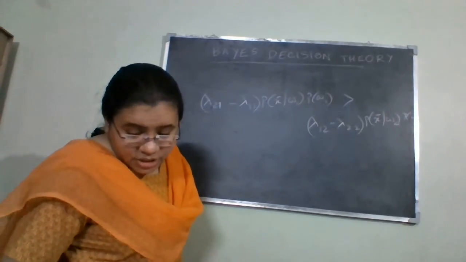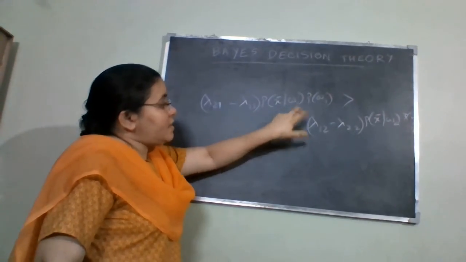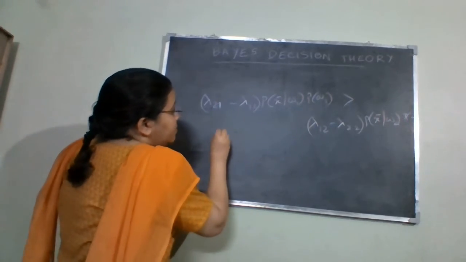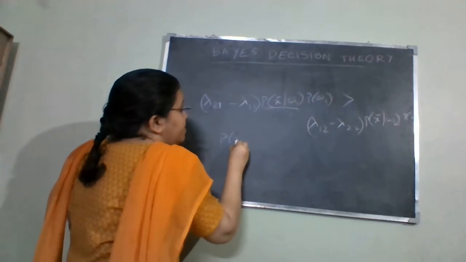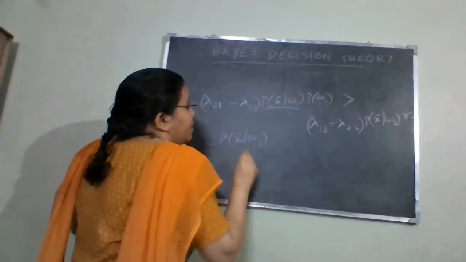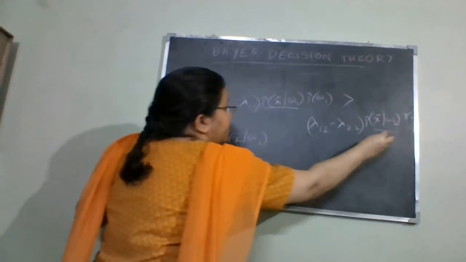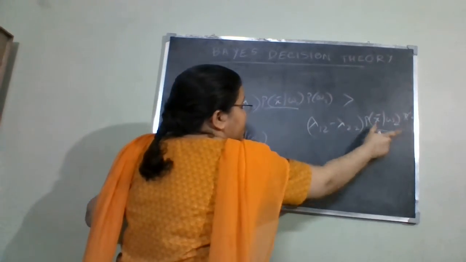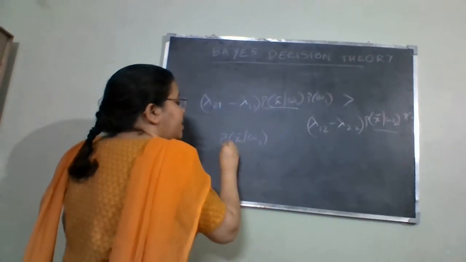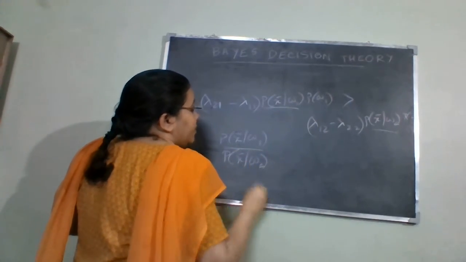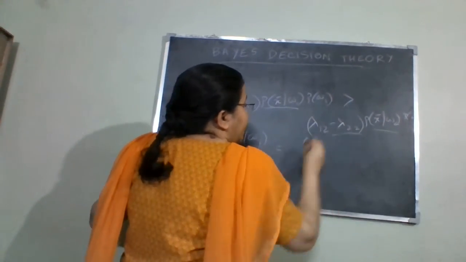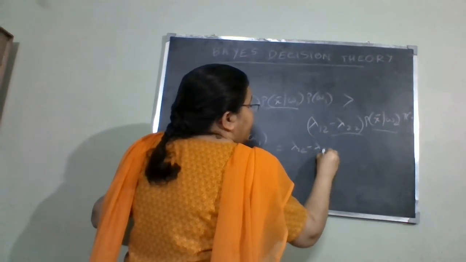Now if I change the terms, see, p(x bar given omega 1) I keep over here on the left hand side as it is. And I put this term down. Here it is multiplication, so if it goes to the other side, it will become division. So p(x bar given omega 2), and over here we have lambda 12 minus lambda 22.